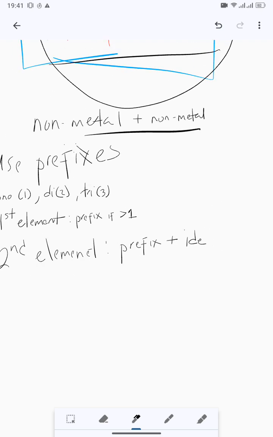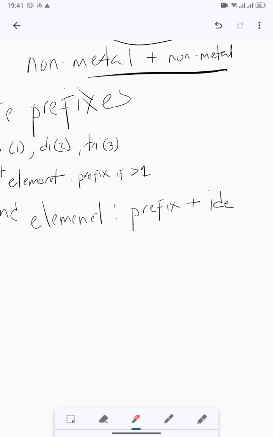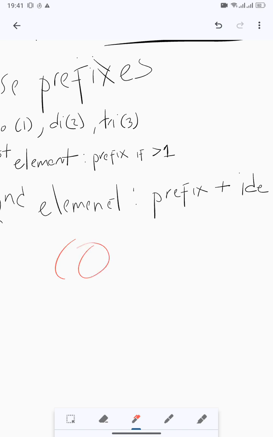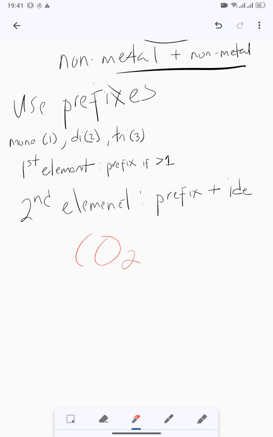For example, we both know that this is carbon dioxide. What I'm saying is that for the first element, we only put the prefix if you have more than one of them, say two carbons, and then we can say dicarbon.